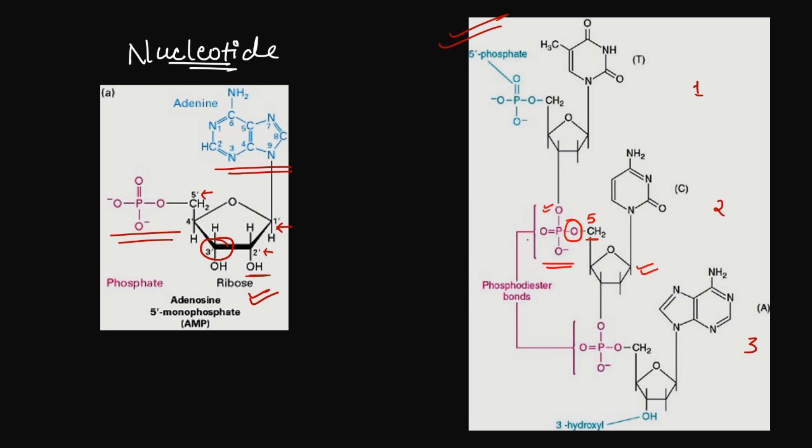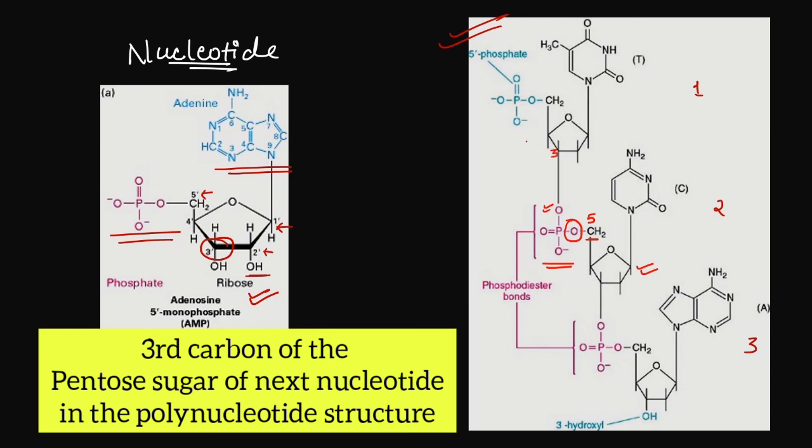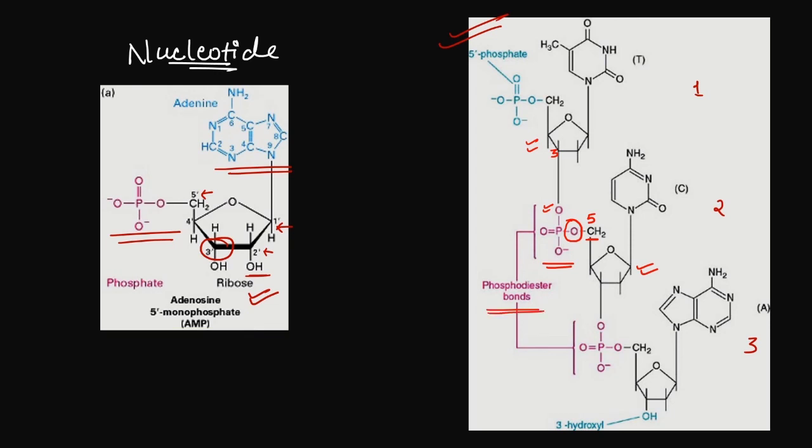Another oxygen of the phosphate group is bonded to the hydroxyl group of the 3rd carbon of the pentose sugar. And this bond is known as phosphodiester bond. One phosphate group is forming 2 ester bonds, and that is why it is known as phosphodiester bond. Okay, and this is how phosphodiester bonds help in connecting one nucleotide to another nucleotide and in the formation of polynucleotide.